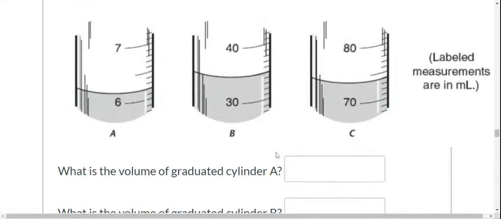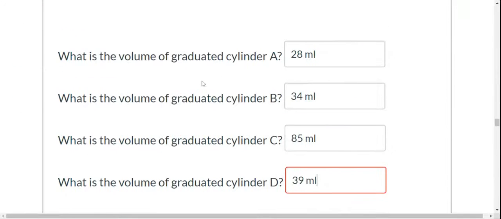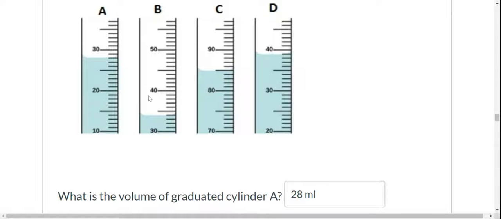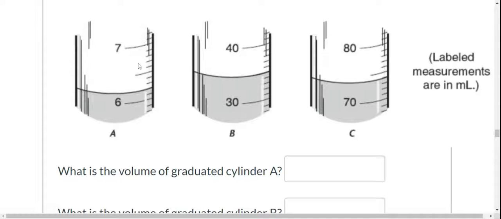On this one, this is where I kind of threw you a little bit of a loop. Here we have 30 to 40 and 70 to 80, just like we had up here. So this is 80 to 90, 40 to 50. On this one, this goes from 6 to 7. So if this is 6, this would be 6.1, 6.2, 6.3, 6.4, 6.5, 6.6, 6.7, 6.8, 6.9, 7.